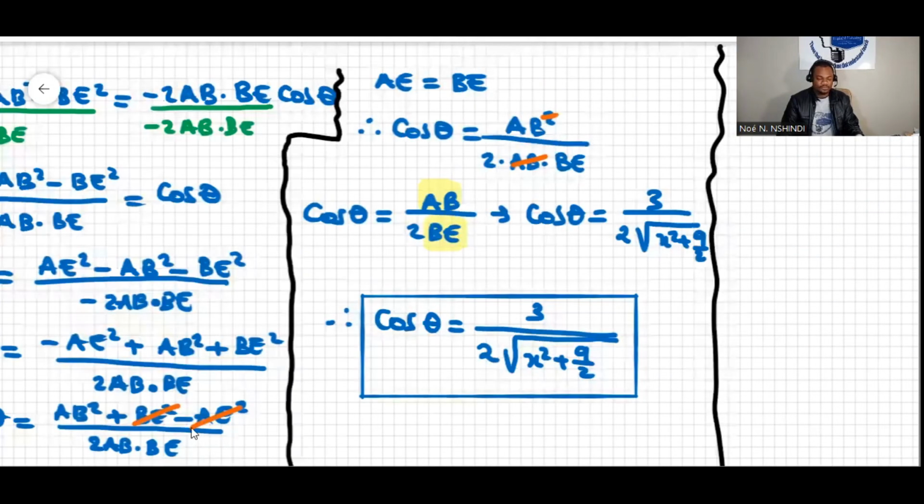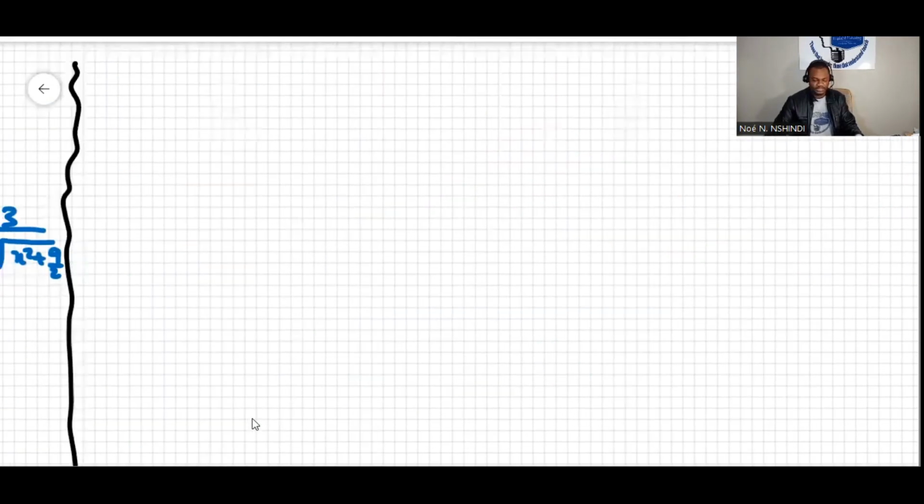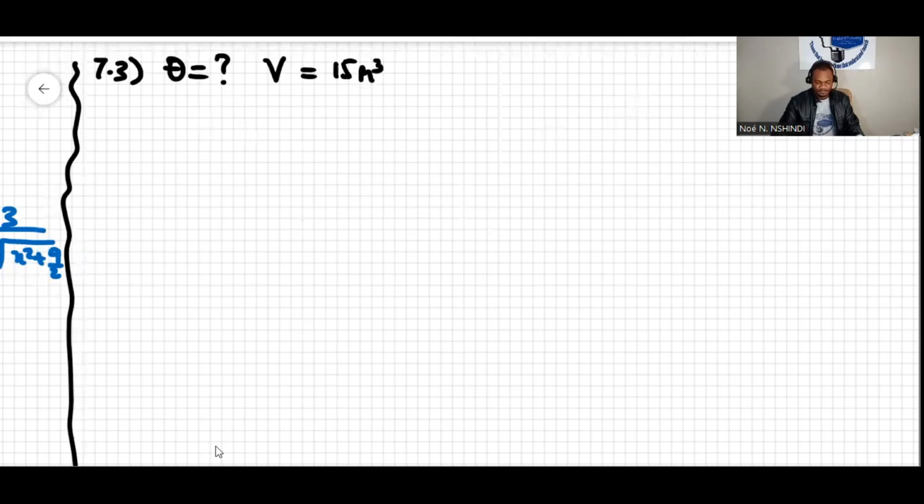So over here we're looking for the value of theta. Question 7.3. We're looking for theta if the volume of the pyramid is equal to 15 meters cubed.